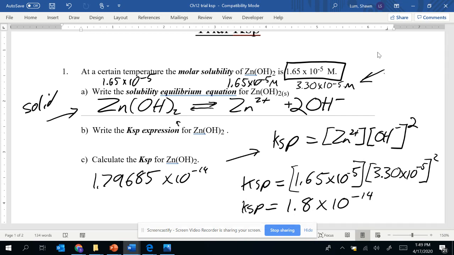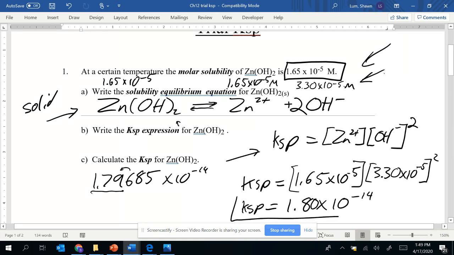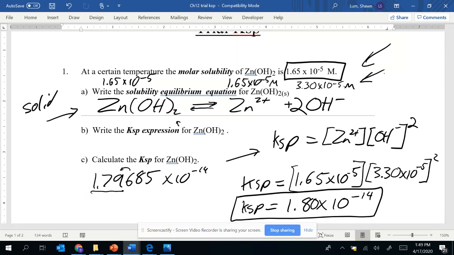Now, technically speaking, these numbers right here are all 3 sig figs, so my answer should be 3 sig figs. KSP does have significant figures attached to it. This number is going to round up, so I should be writing 1.80 times 10 to the negative 14. Okay, so that's the answer to our first one.